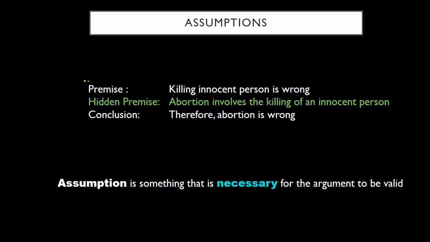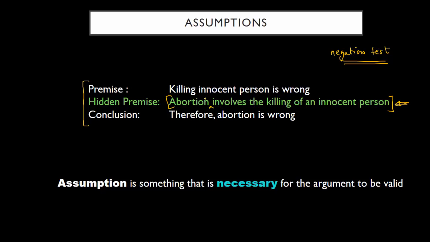For example, if I take this particular argument and do a denial test, or let me just call it a negation test to identify assumption. Take the given assumption in this particular case, and negate it. Abortion involves the killing of an innocent person.